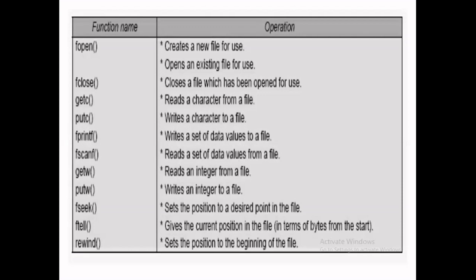Putc means you can put one character into the file at a time. Out of 19,000 characters you have to enter more number of characters. You can use this function, but the limitation is that at a time it can put only one character.